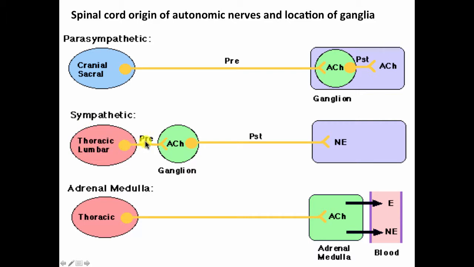And as I said, in the sympathetic system, the ganglia in which the pre- and postganglionic neurons make contact is in a chain of ganglia generally close to the spinal cord, whereas in the parasympathetic system, the ganglia are either in the organ that they innervate or very close to the organ that they innervate.